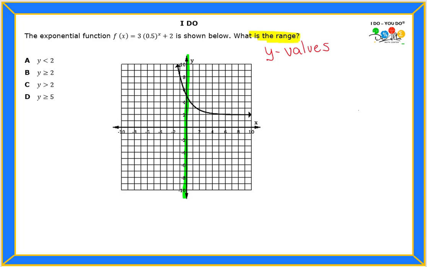So can I say, oh, I'm going to build a fence right up here, right there? That's where my graph finishes. Is that true? No, because if you notice, I do see an arrow pointing up like this, which means it keeps on going and going and going. Exactly. So, no, I cannot actually have a fence on the top.